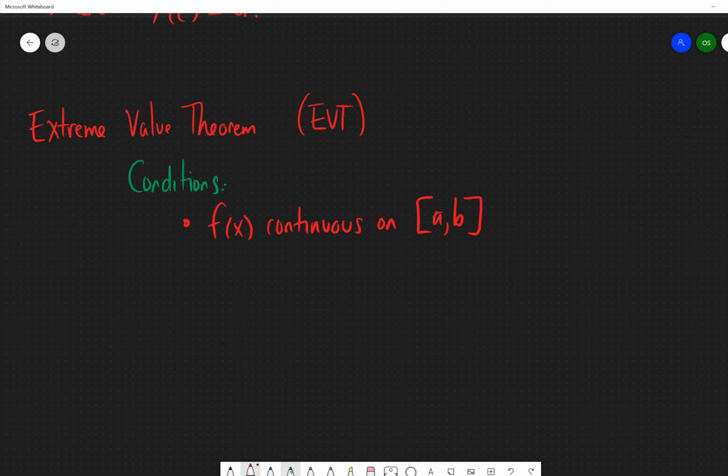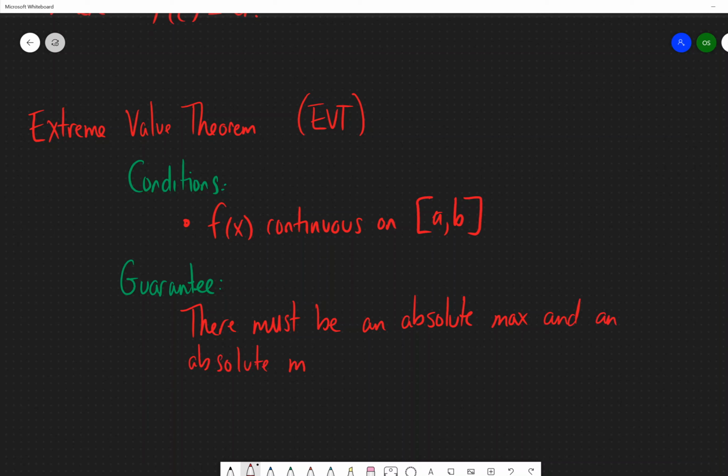If we have that, then what's the guarantee? So the guarantee by extreme value theorem is that there must be an absolute max and an absolute minimum in that interval from A to B for our function.